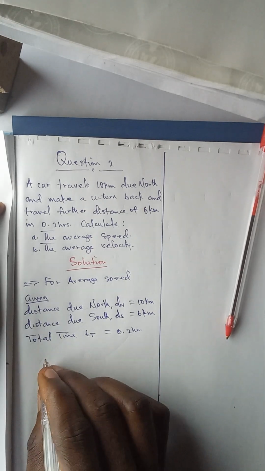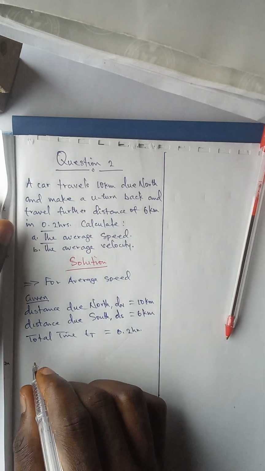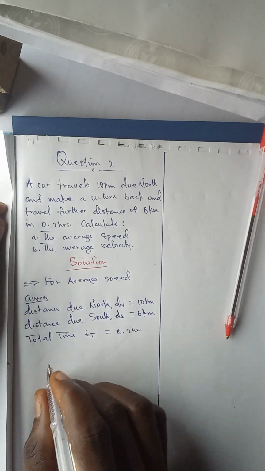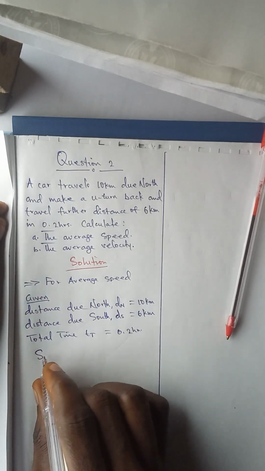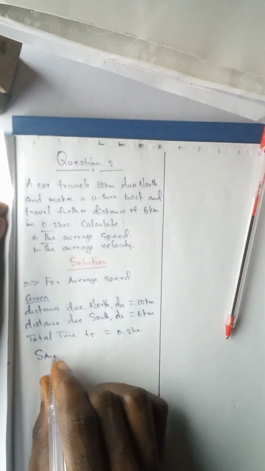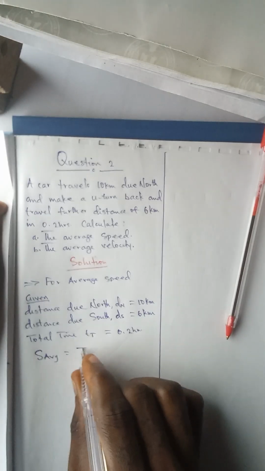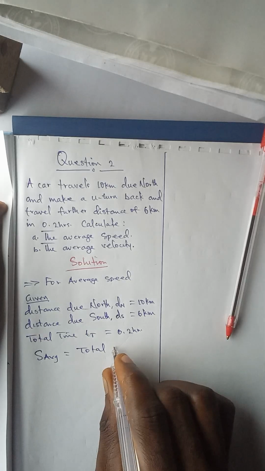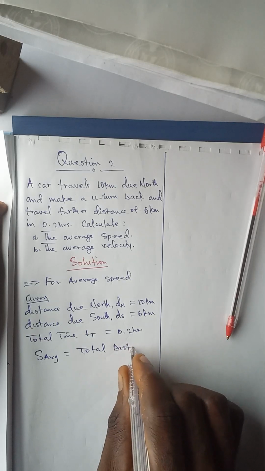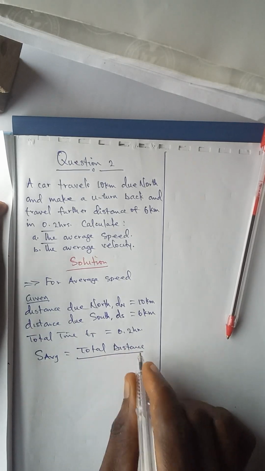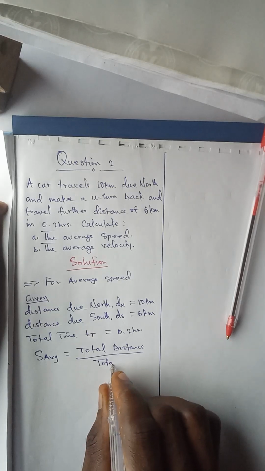Now let's go further, recalling the formula of speed. Average speed, S avg, equals total distance all over the total time taken.